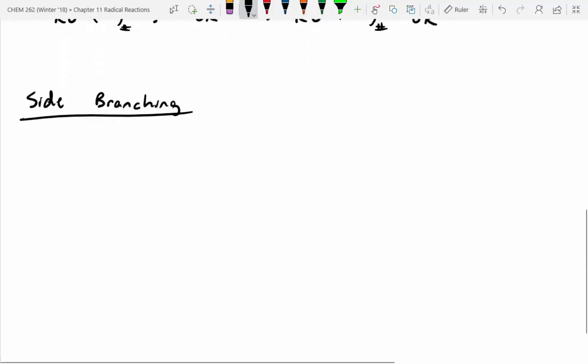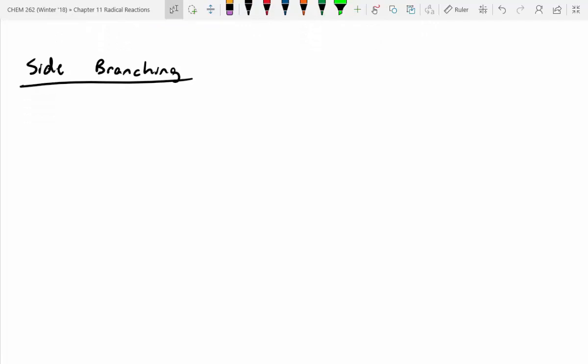And side branching is really common in polymer chemistry because radicals are super duper reactive. And this is due to the propagation step. So during propagation, you can have branching.